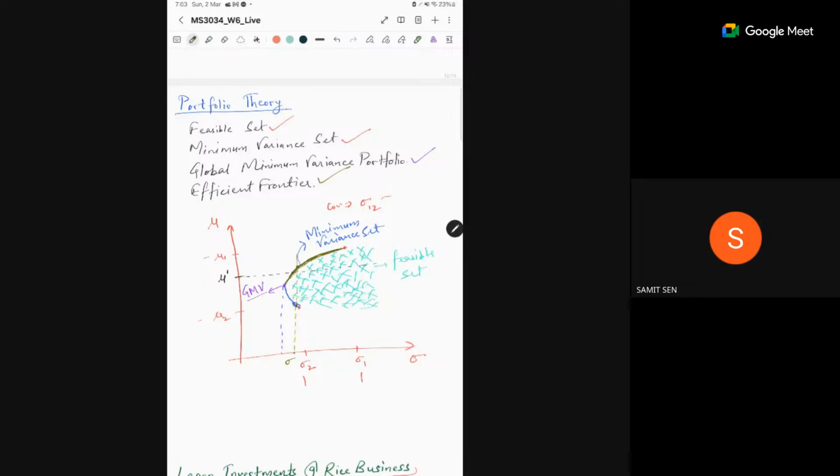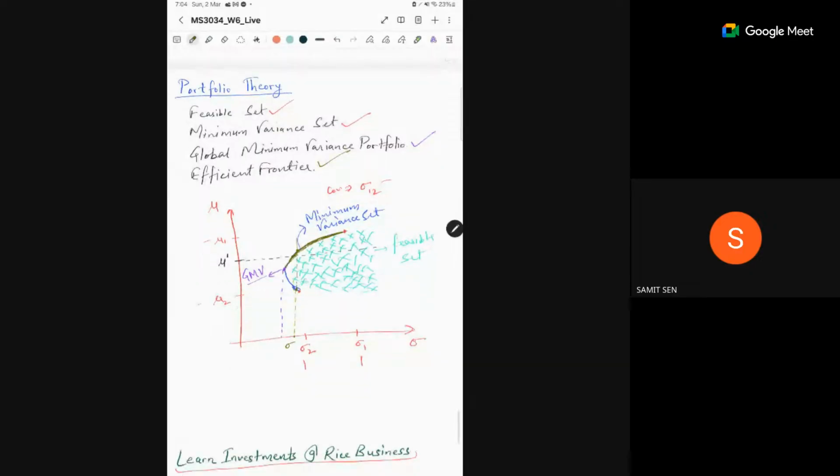This is the main goal of our portfolio theory: what is the most optimal investment choice you can make given your preferences and risk aversion parameters, etc.